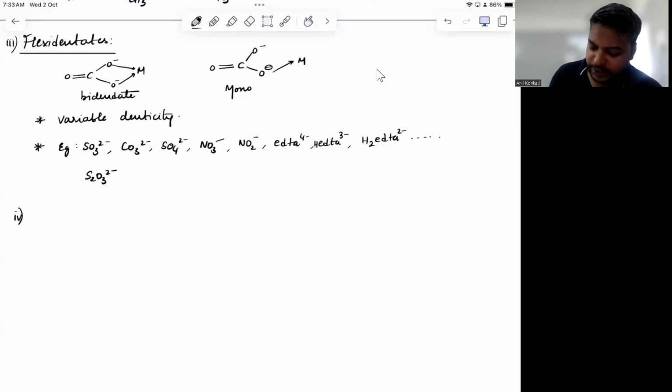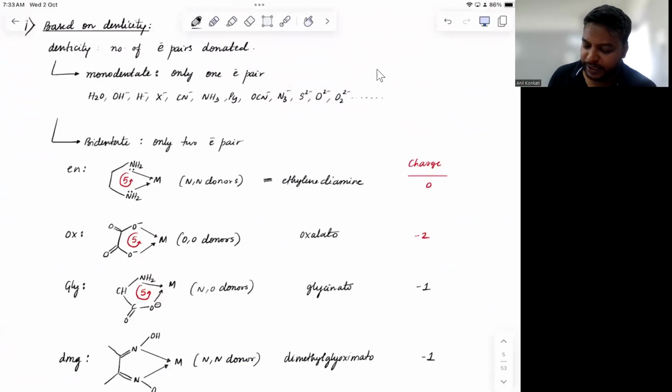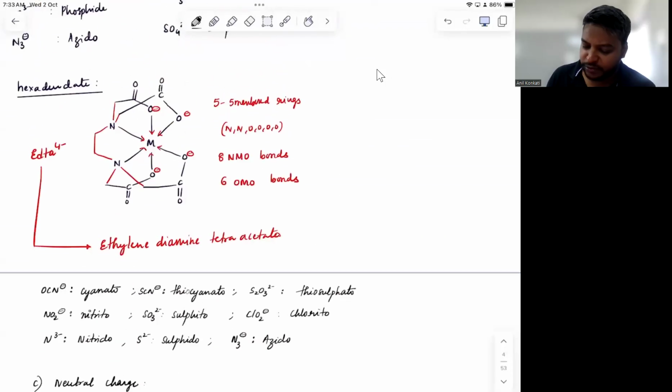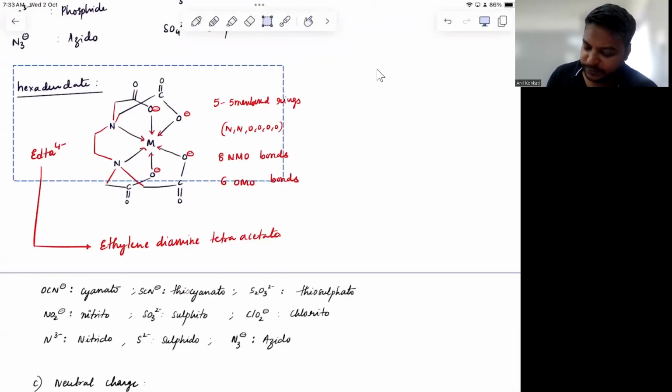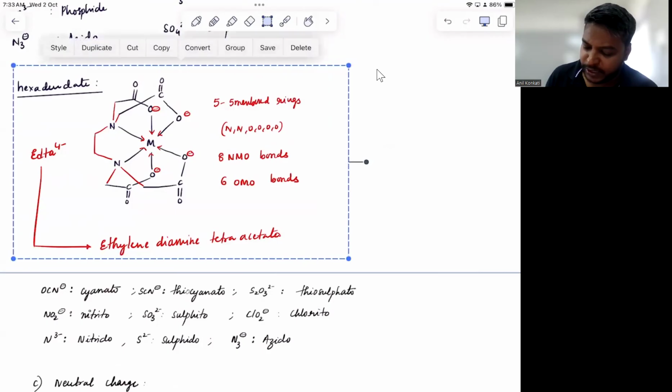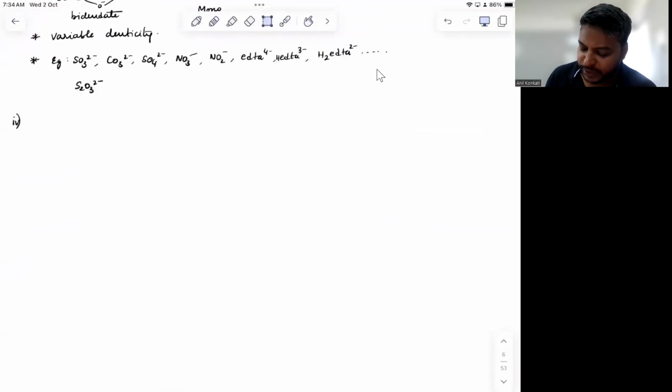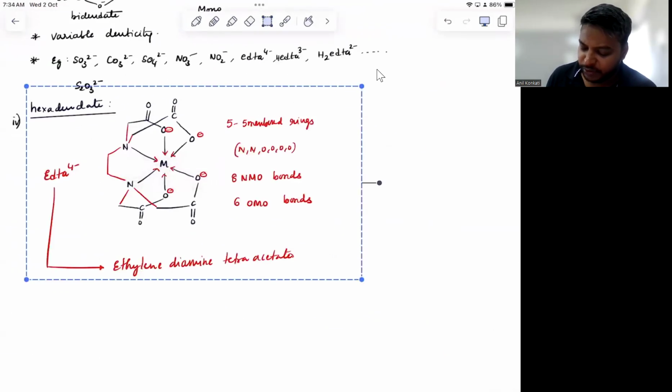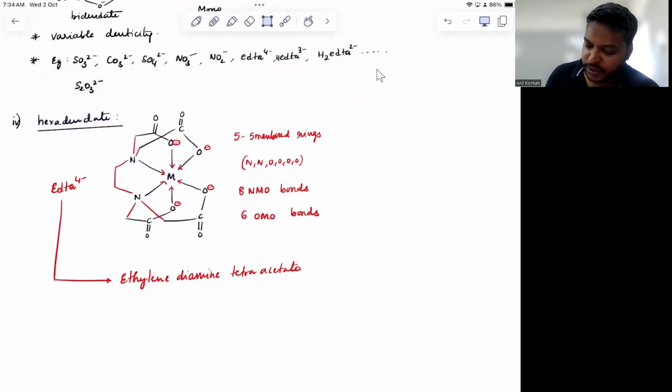You need to understand, other than bidentates, we should also look into hexadentate. So now this is important when it comes to hexadenticity. How do we look into this? When you have hexadenticity, you will see that EDTA, which we call ethylenediaminetetraacetate, will have six connections. One from this nitrogen.